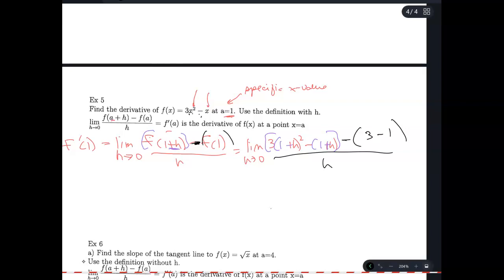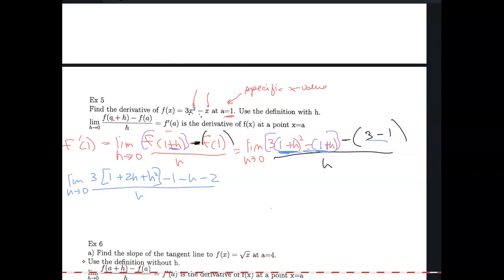Okay, so let's multiply this out. And I'm going to go slow so I don't make a mistake. So I'm going to keep the 3 out there. Multiply this out: 2h plus h squared. And then I'll distribute the negative: negative 1 minus h. And this would be the same thing as saying minus 2, all over h.